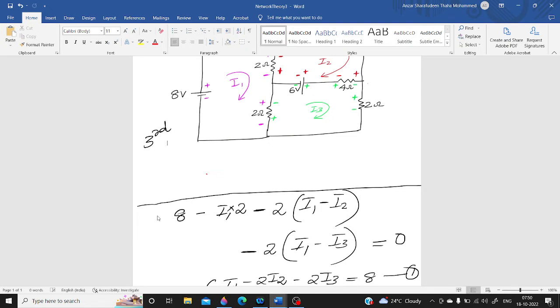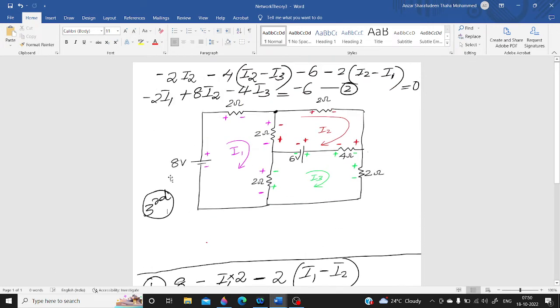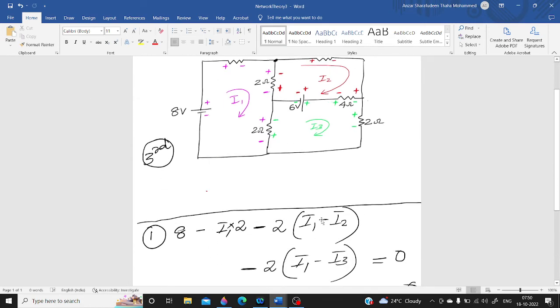So this is the case with the first one, this is the case with the second one, and now I am writing the third mesh equation here. So first of all, you assign the current direction. This is I3. Okay, and the second point is you assign polarity to each element.